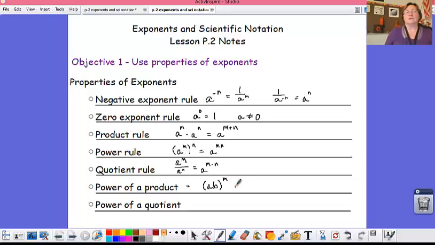The m goes to both things inside. As long as they're hooked by multiplication, it's a to the m, b to the m. And the power of a quotient is similar to that. If you had a in the top and b in the bottom of a fraction, they both get the power. So it would be a to the m over b to the m. And those are the exponent rules that we learned in our algebra classes.